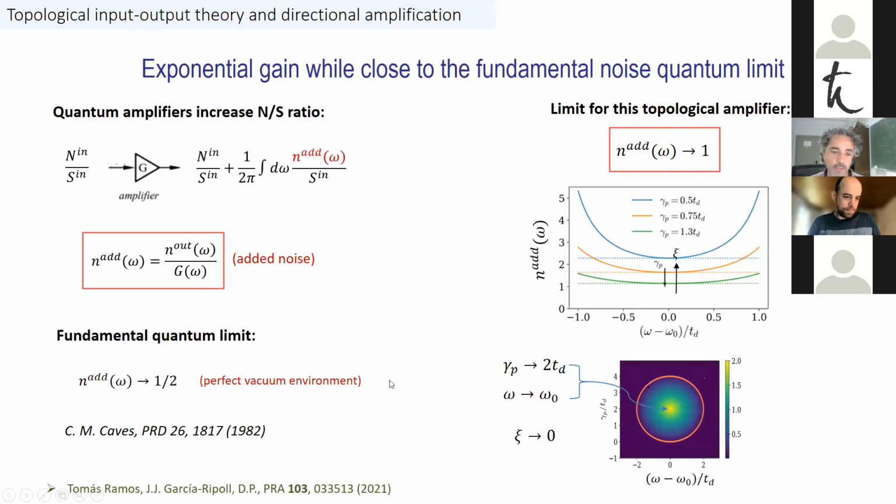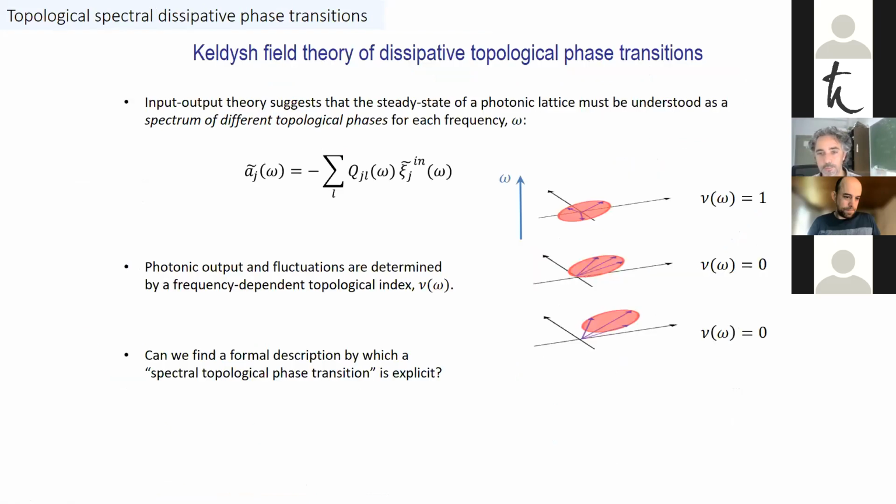We find values of 1, whereas the added noise is limited by 1/2, so it cannot be better than 1/2. So basically what we find is that, at least theoretically, this model predicts exponential gain, while added noise is still under control and close to the quantum limit.